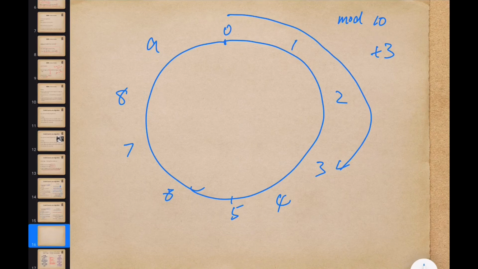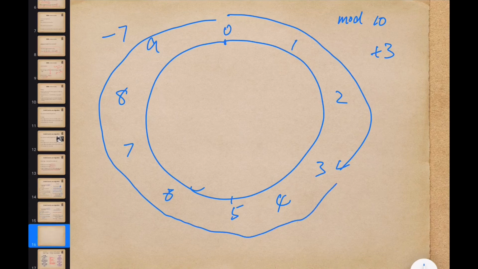That's where you are, plus 3. Then what does minus 7 mean? You work in the opposite direction: 1, 2, 3, 4, 5, 6, 7. 7 steps in the opposite direction, and we reach the same value. Therefore, minus 7 mod 10 equals 3.